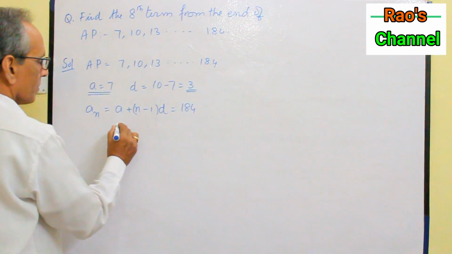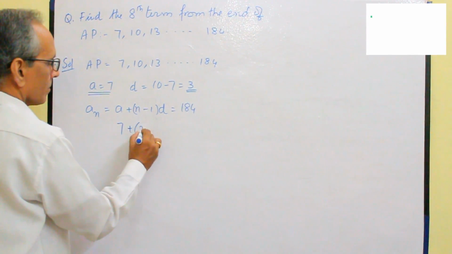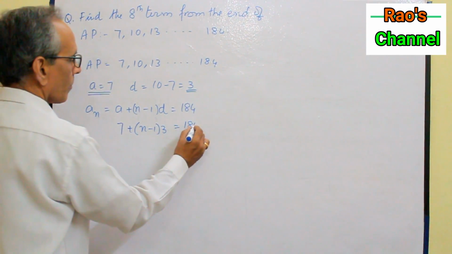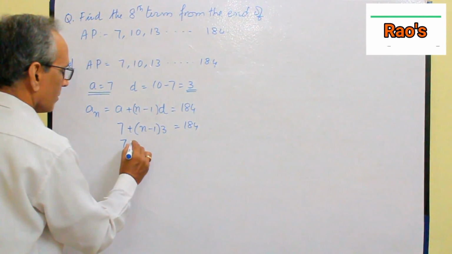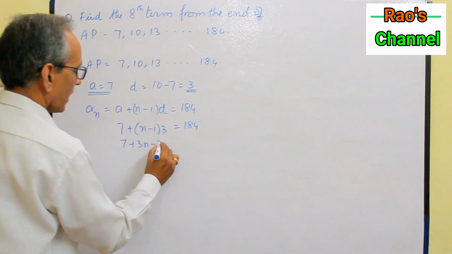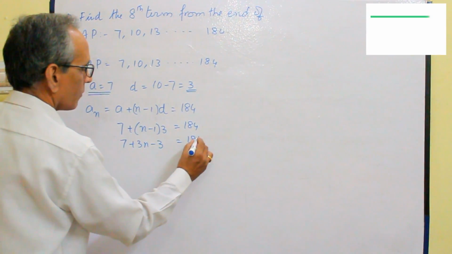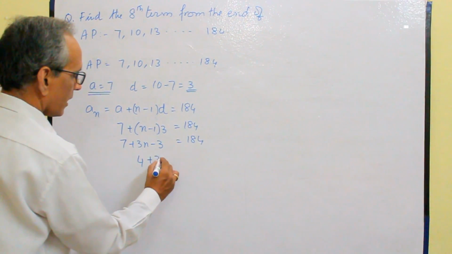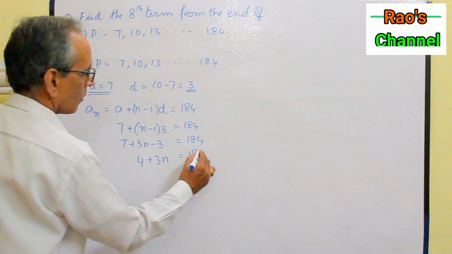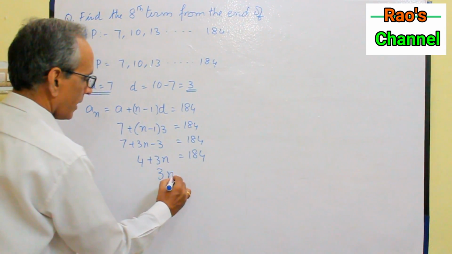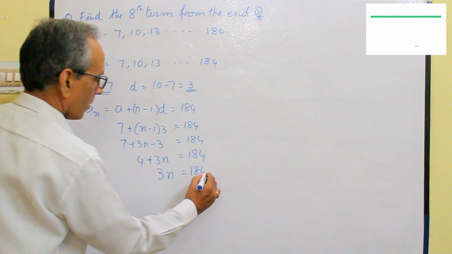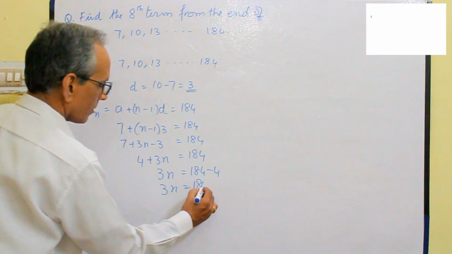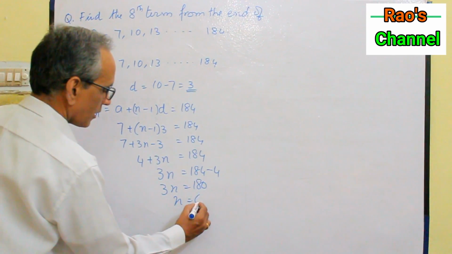A is 7 plus (n minus 1) times d, which is 3, equals 184. So 7 plus 3n minus 3 is equal to 184. 7 minus 3 is 4, plus 3n is equal to 184. 3n is equal to 184 minus 4. So 3n is equal to 180, where n is equal to 60.